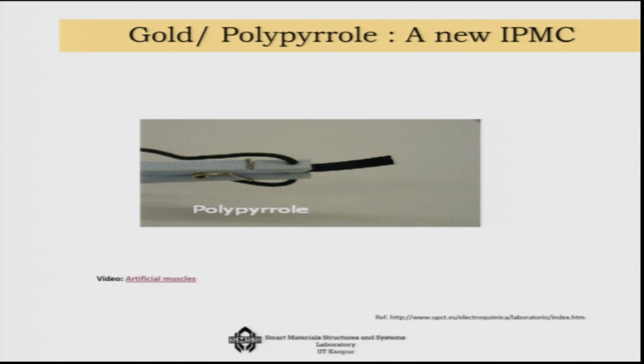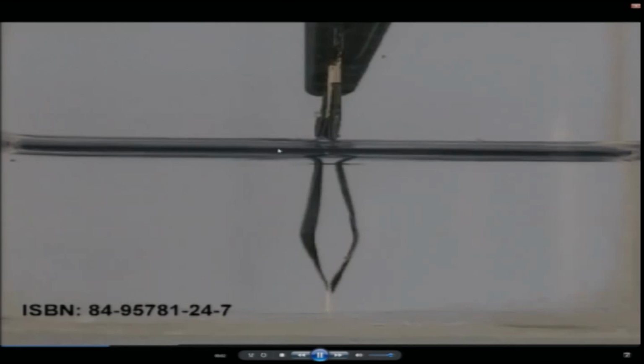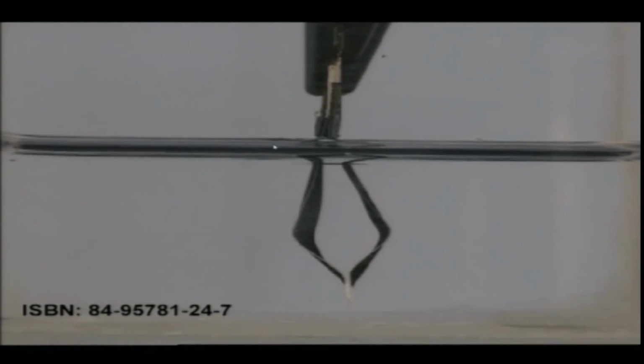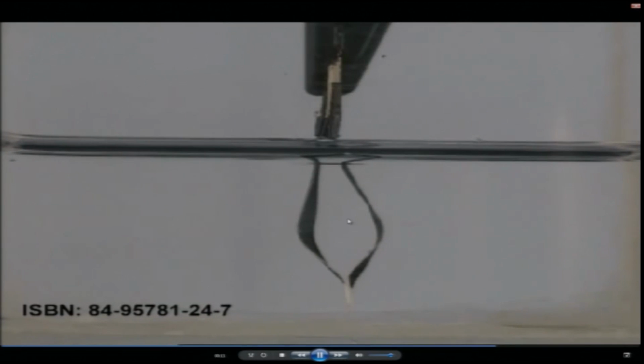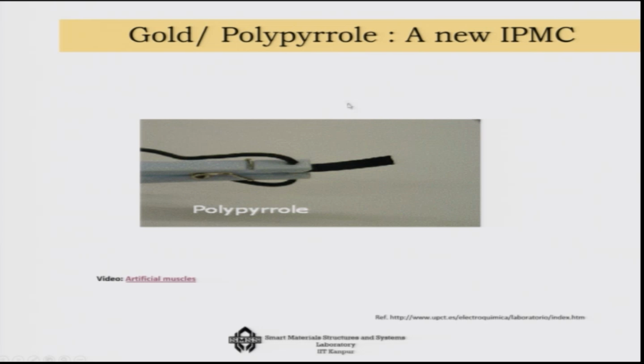I can show you one example where these kinds of systems can be used for developing artificial muscles. This is a polypyrrole which has a gold based system of electroding. If you look at it, you can see how much the shape of the system can be changed. Imagine, I was telling you about drag release: if you can generate this much deflection at the end point, you can release the drag from a system by using this type of actuation strategy.